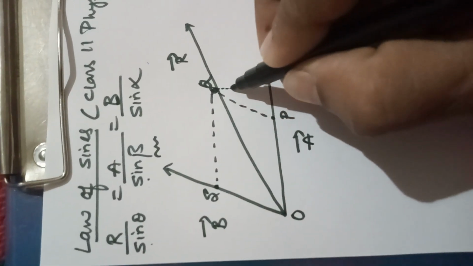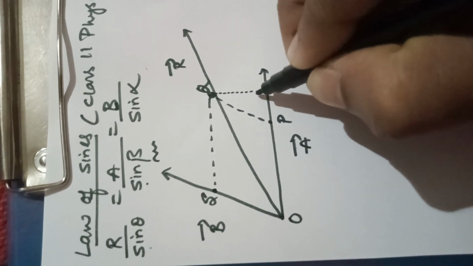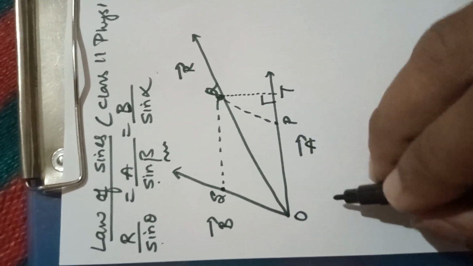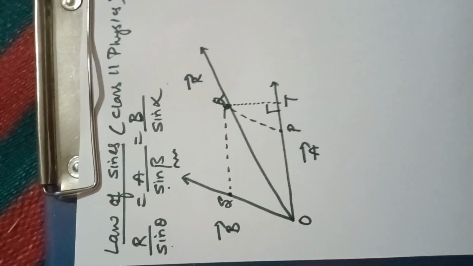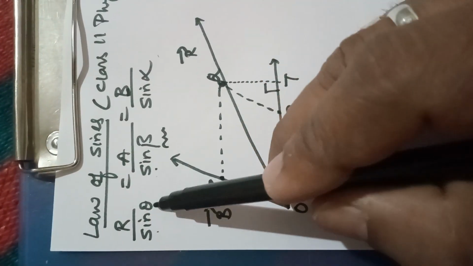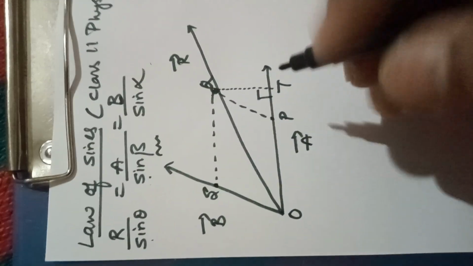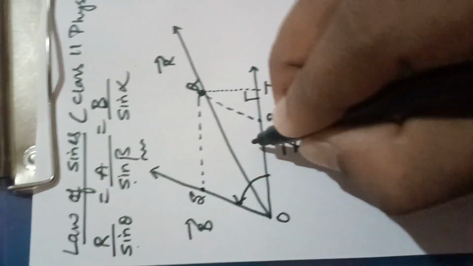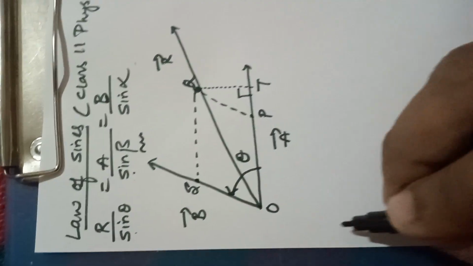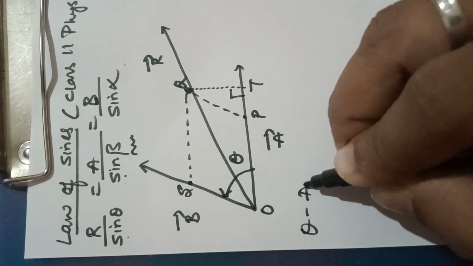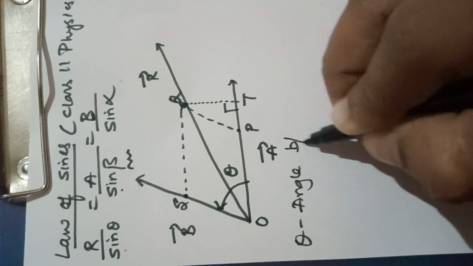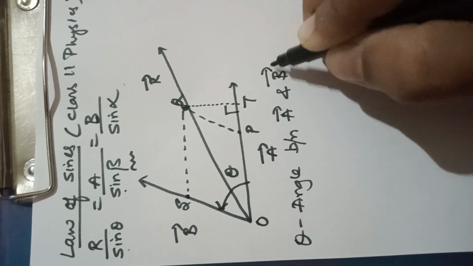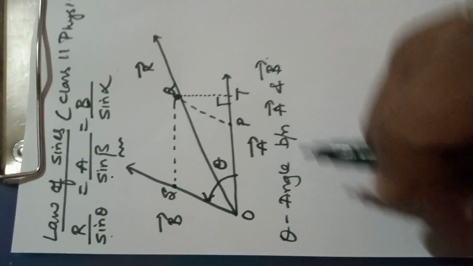And let's draw QT perpendicular to the vector a. Now what are these angles? Let's mark these angles now. Theta is the angle between the two vectors a and b. Now what is alpha? This is alpha.